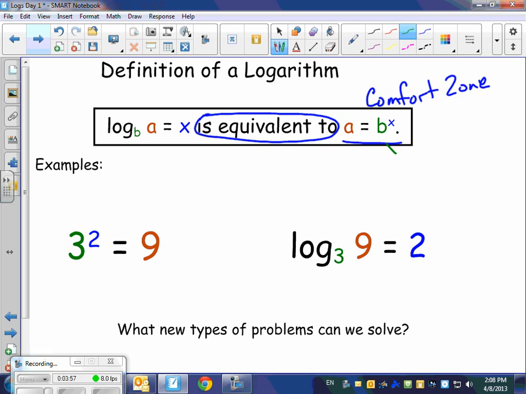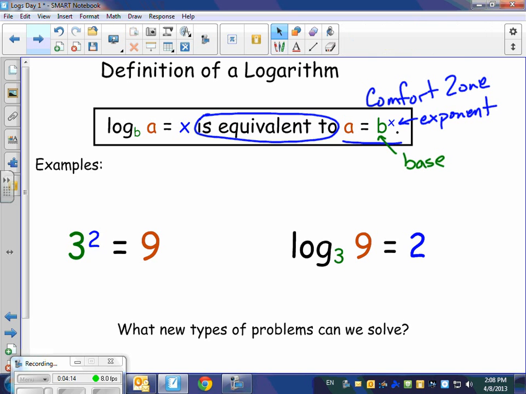We refer to b in an expression like this as what? The base. It gets an exponent on it. It is the base, and x is the exponent. You're not going to provide a name for what a is. It's an exponent on a base.